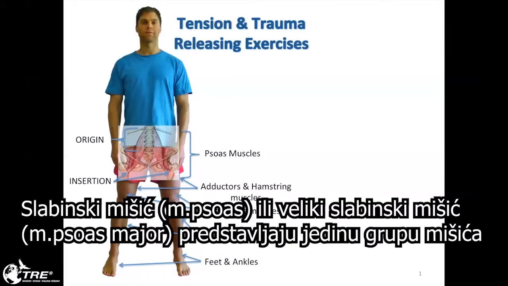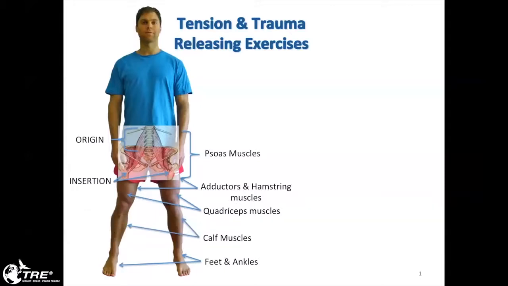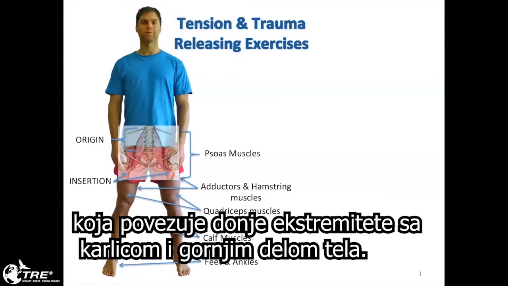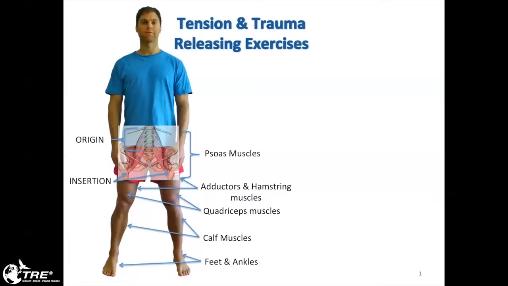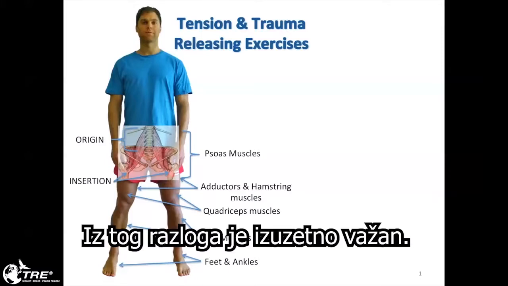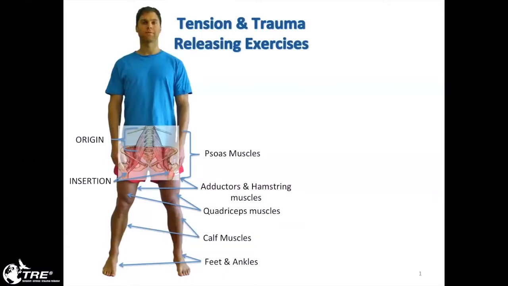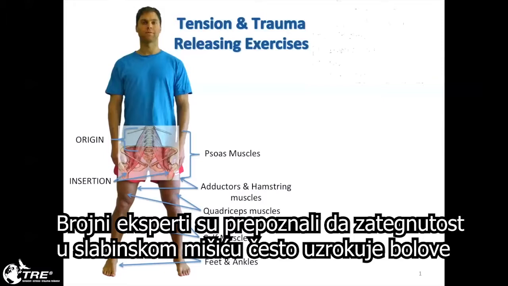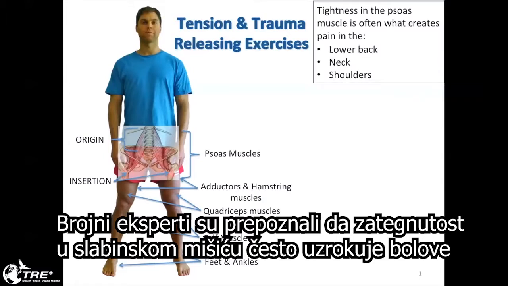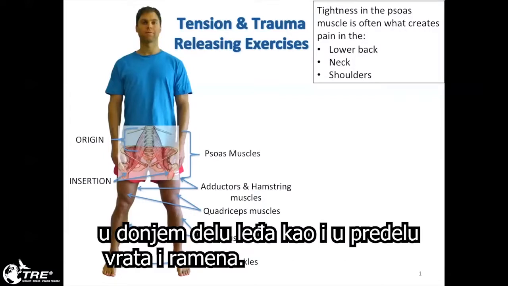The psoas muscle, or the psoas major, is the only muscle that connects the legs and the pelvis and the trunk of the body. That's why it's particularly significant. It has been recognized by many professionals that tightness in the psoas muscle is often what creates pain in the lower back, the neck, and the shoulders.